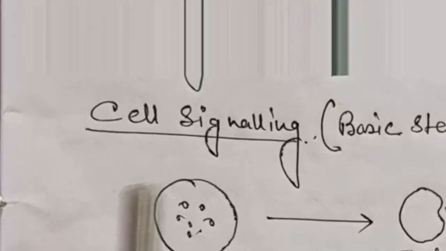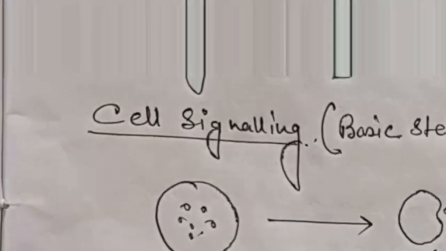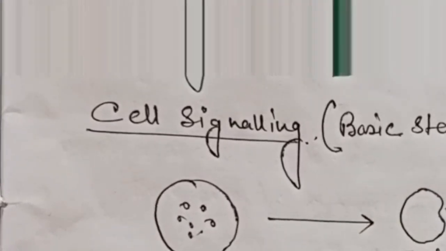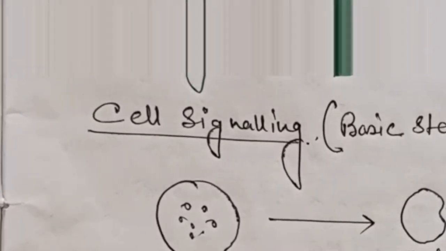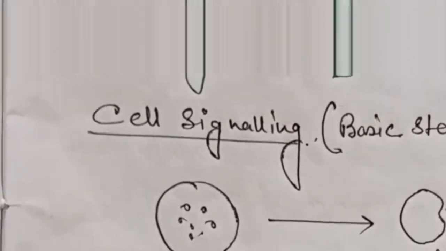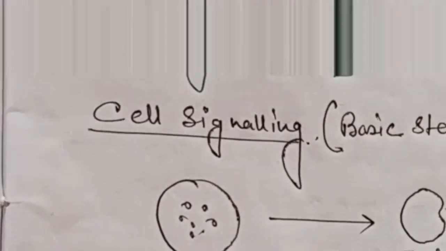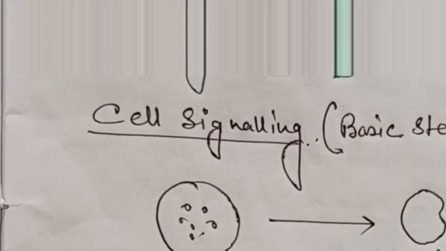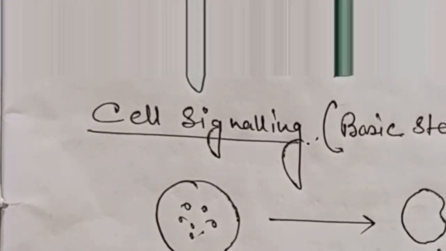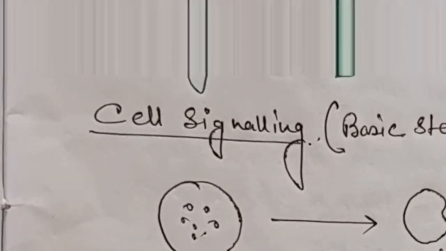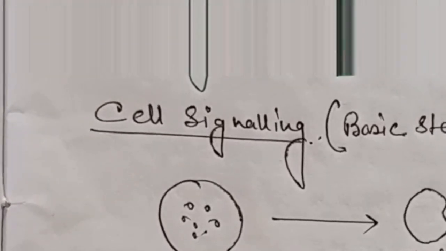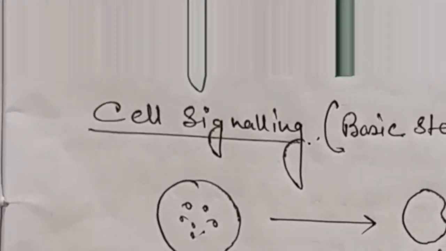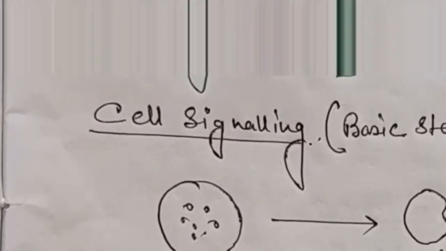Now we move on to the basic steps of cell signaling. The basic step of cell signaling involves the synthesis of the signaling molecule. The signaling molecule is synthesized inside the cell, and it can be released in the extracellular matrix or cytoplasmic region, where it can be transported to another cell. After being transported to another cell, the cell contains a receptor, and the receptor is capable of detecting the signaling molecule.